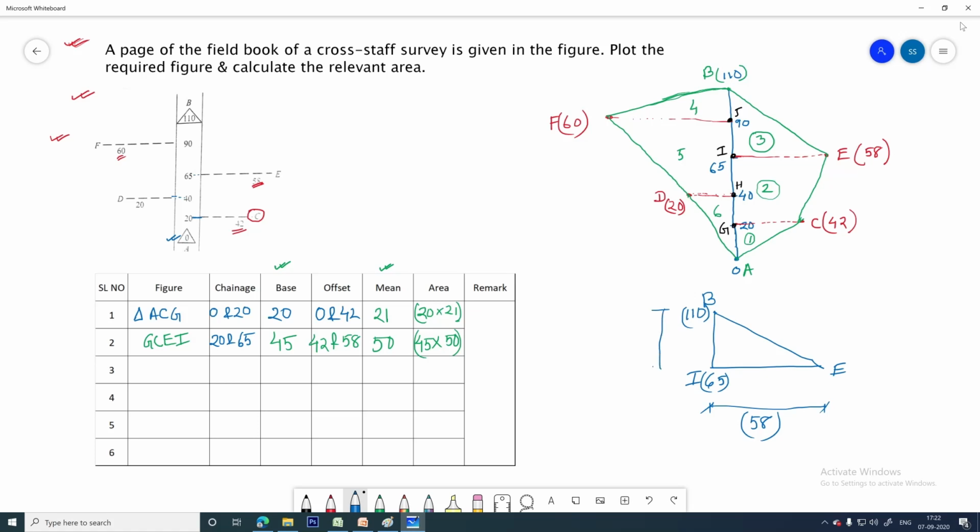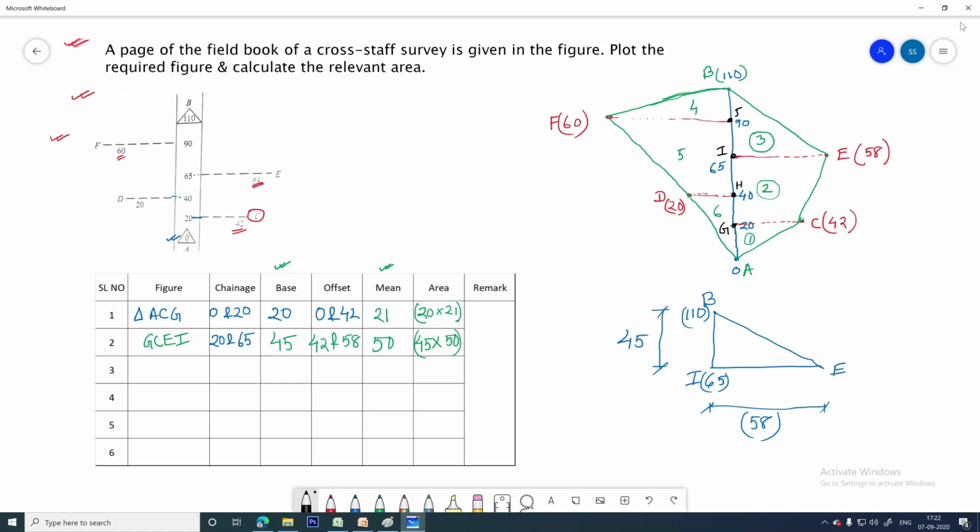And this particular base distance you can determine: 110 minus 65, and that is 45, right? Yes, 45.